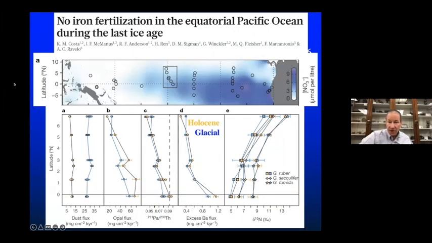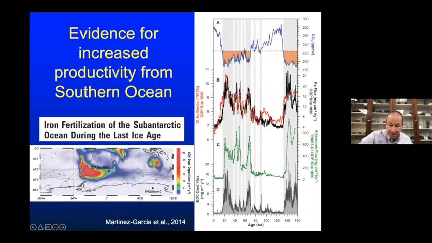Evidence of another PhD student in our group, Cassandra Costa, suggests that there was no such iron fertilization in the equatorial Pacific, even though there is evidence, including from some of my colleagues at Lamont, that there was increased productivity in the Southern Ocean.